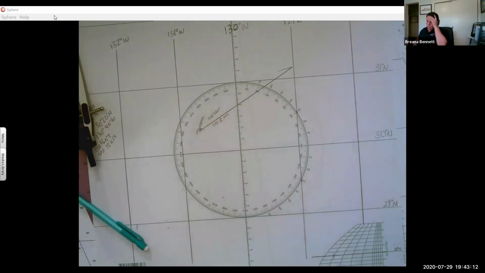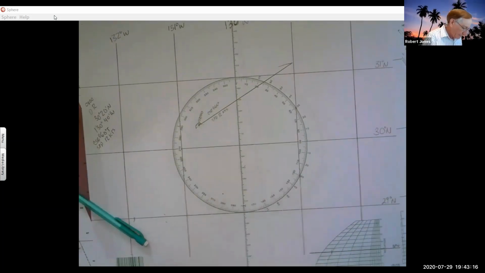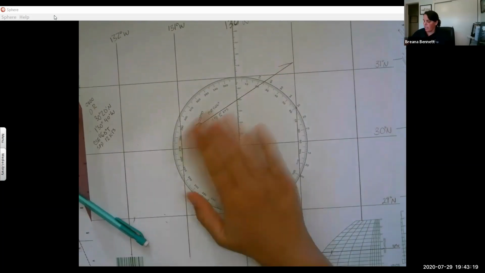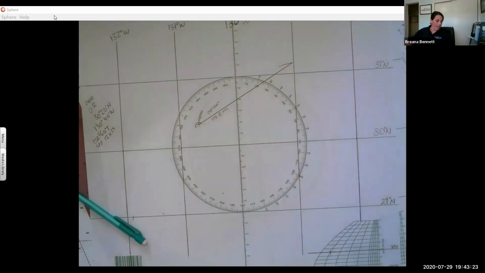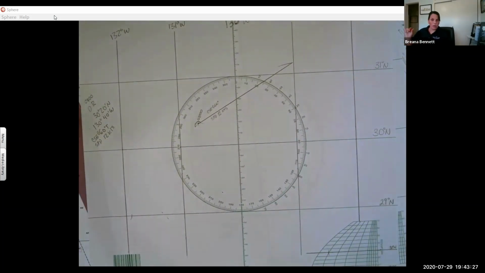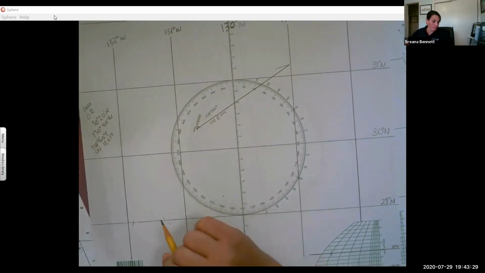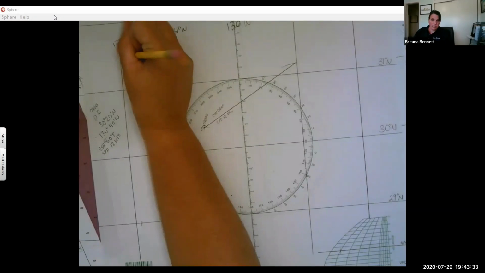Okay. So this is how to set up your plotting sheet with a DR course and speed. Now I'm going to skip on the homework to number 4, and we're going to plot an LOP. So number 4 told us, I'm just going to write it on here.